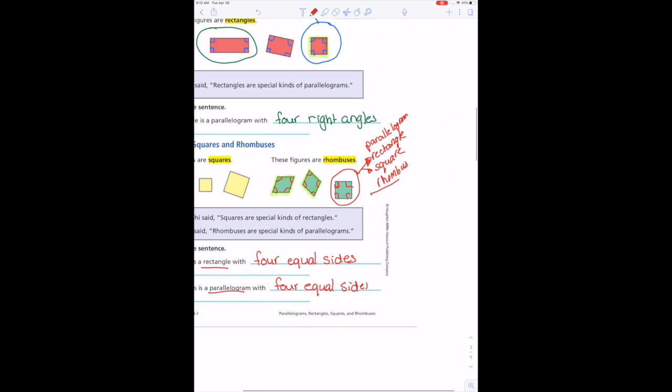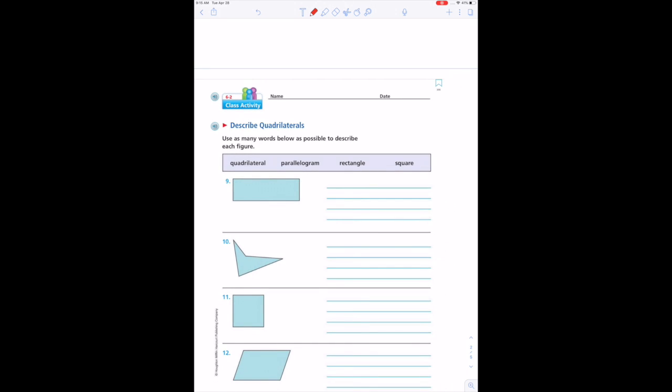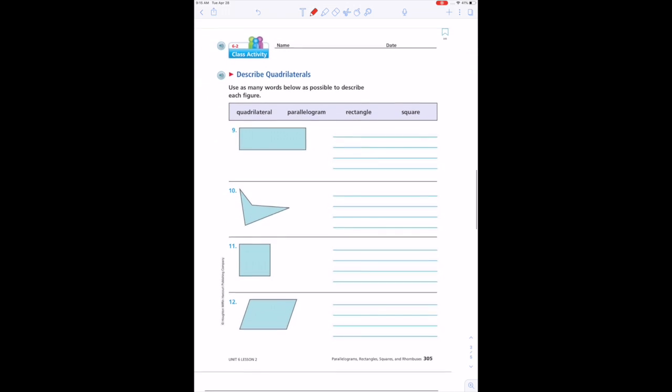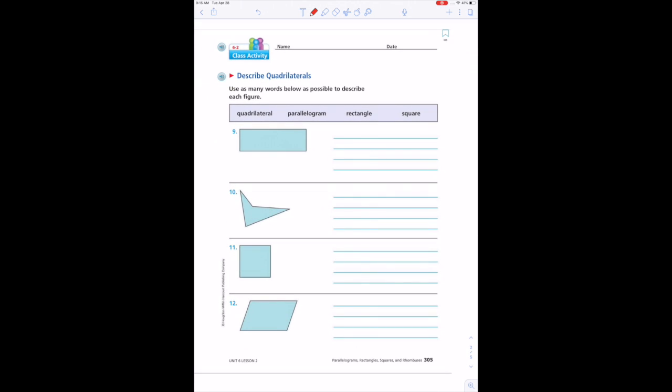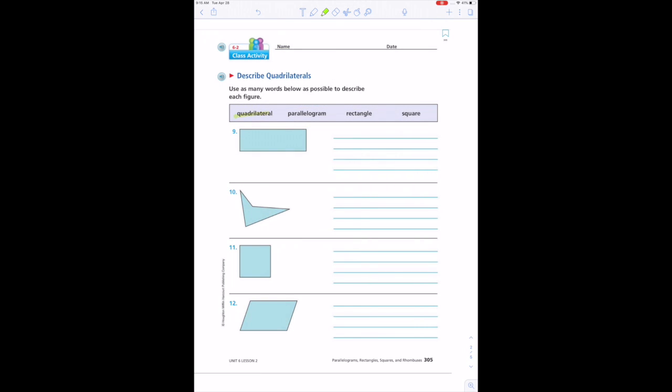So what I want you to do is pause this video, and your assignment today is to classify each of these. Now, it could be a quadrilateral, a parallelogram, a rectangle, and a square. Okay, so we talked about quadrilaterals the other day.